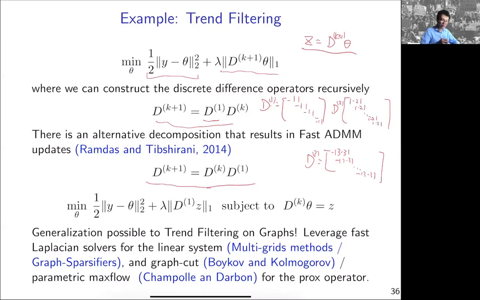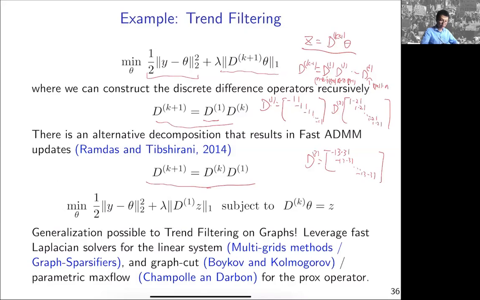On the other hand, maybe we can leave one of these. Notice that D^(k+1) is equal to D1, D1, D1, each one of them with a shrinking dimension. The first one is dimension n minus 1 times n. The second one is n minus 2 times n minus 1, and the last one is n minus k minus 1 times n minus k.